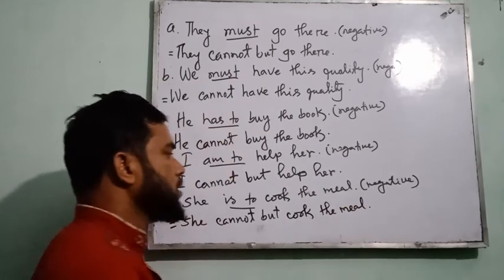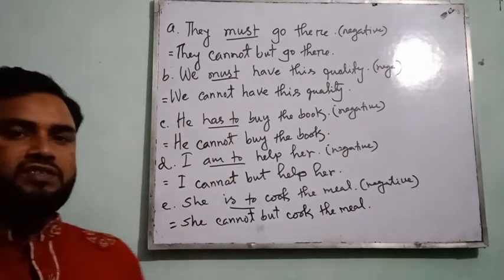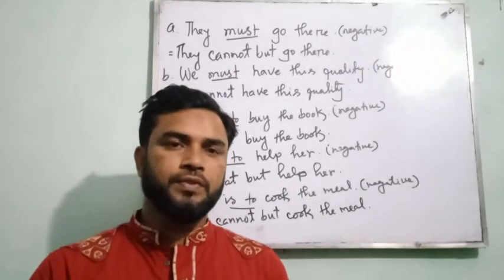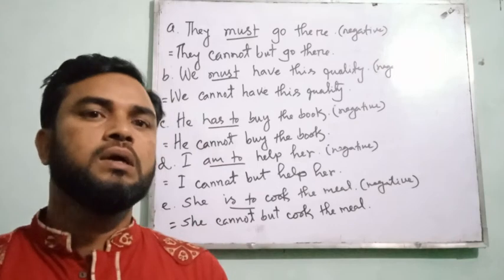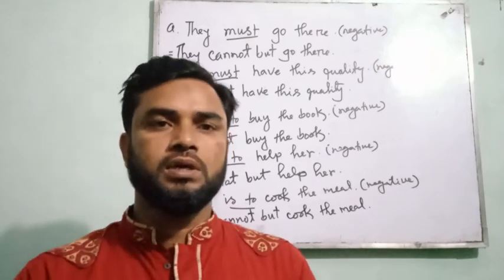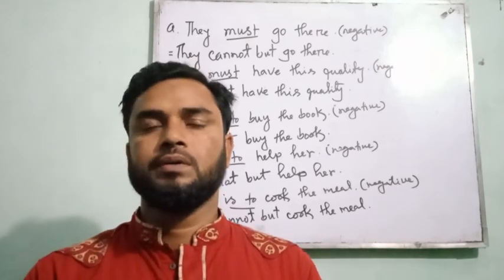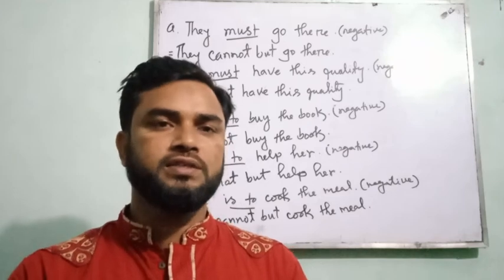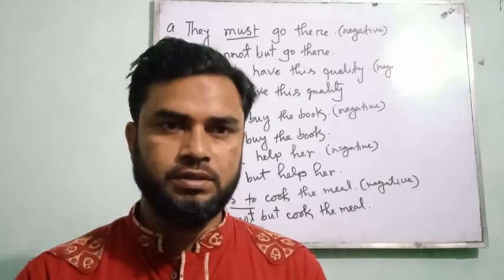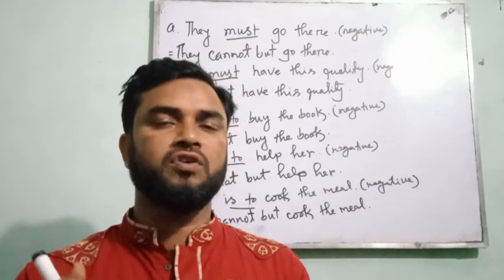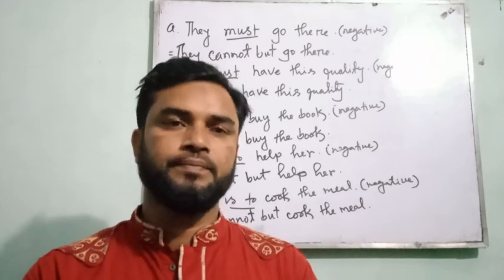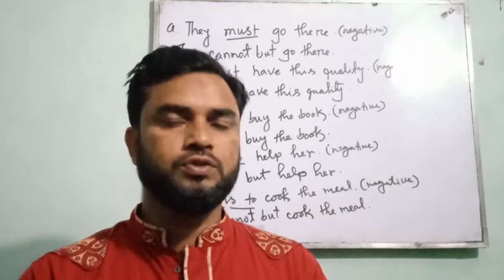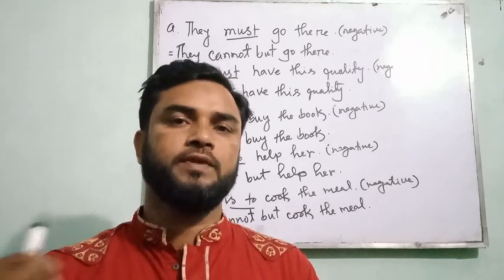Okay. So, dear friends, you can see that we can change a sentence easily if the sentence contains must, or has to plus verb, or am to, is to, are to plus verb.